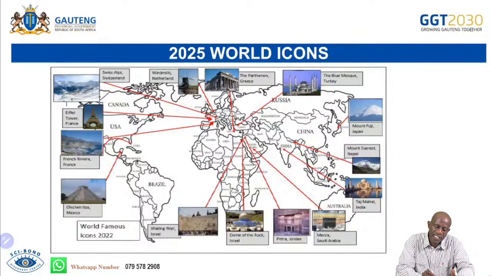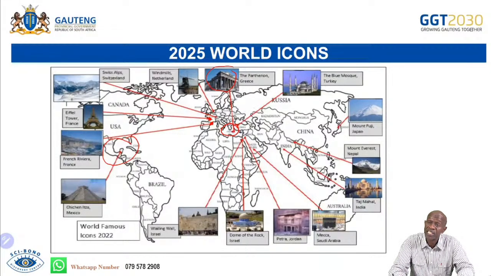The next one is the Chichen Itza, which is in Mexico. Mexico is situated somewhere here in the northern American continent. That's where you'd find Mexico. And the icon that is prescribed for you in Mexico is the Chichen Itza. When we come this side, in Greece, you'd have the Parthenon, and Greece is also in Europe, found here.